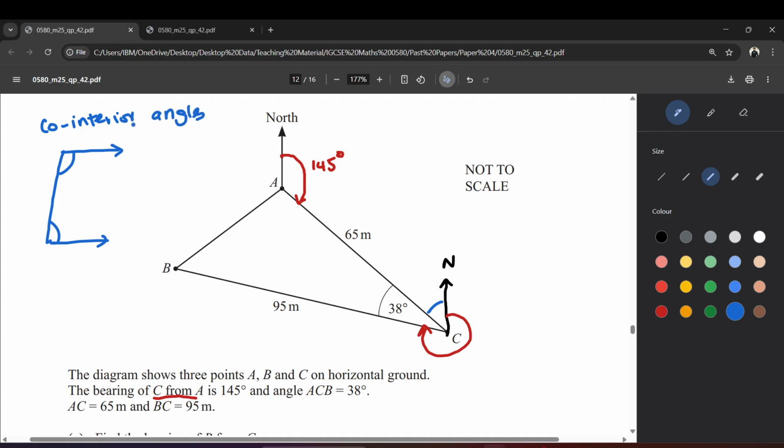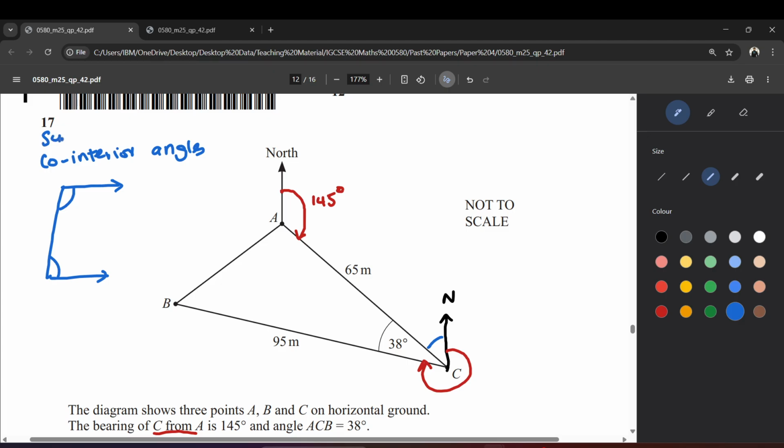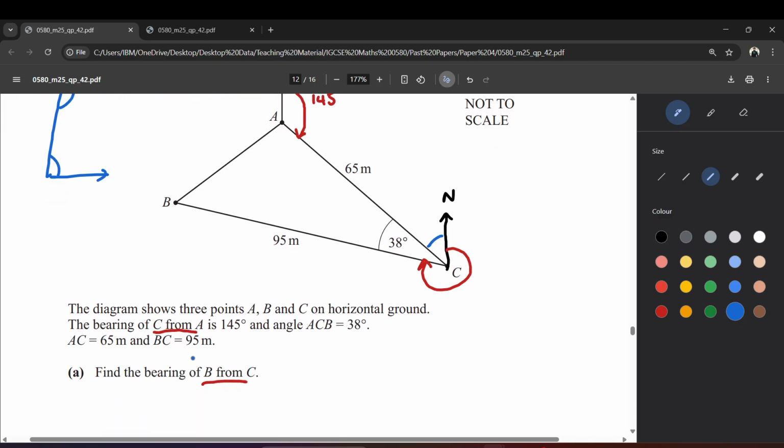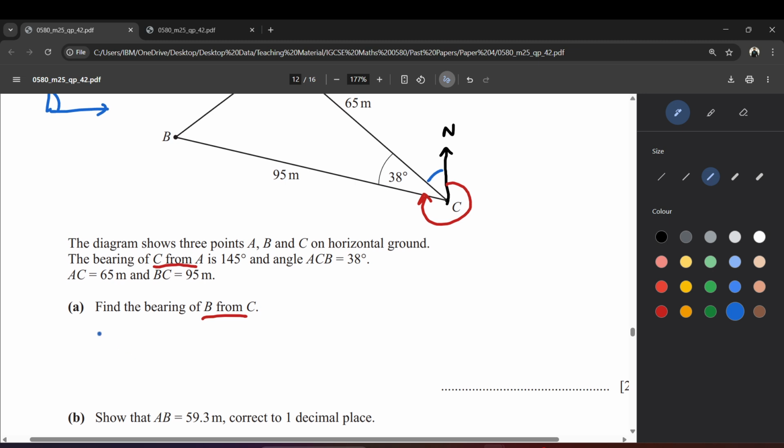The sum of co-interior angles equals 180 degrees, or you can say that co-interior angles are supplementary. The word supplementary also means that these angles add up to give you 180 degrees. So this angle will be 180 minus 145 degrees, which is equal to 35 degrees.